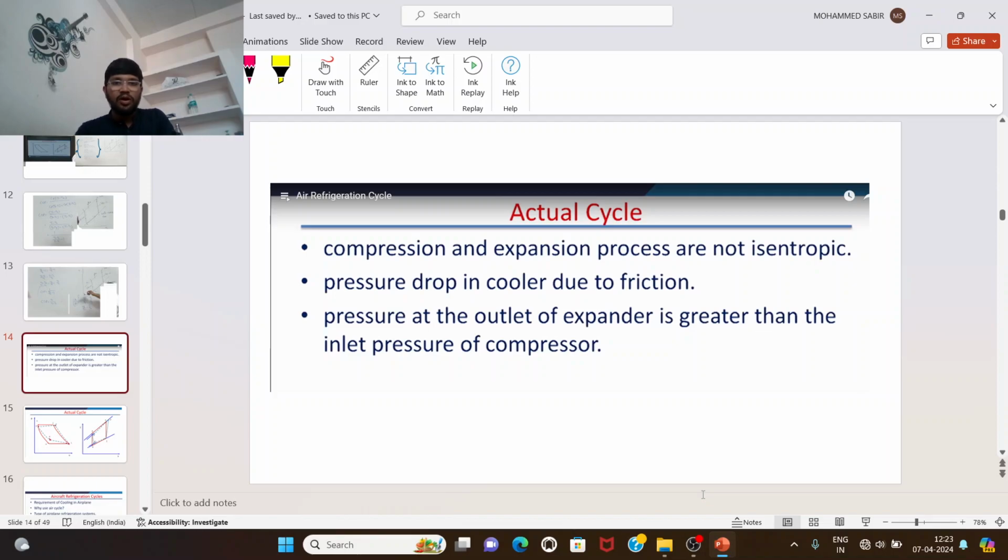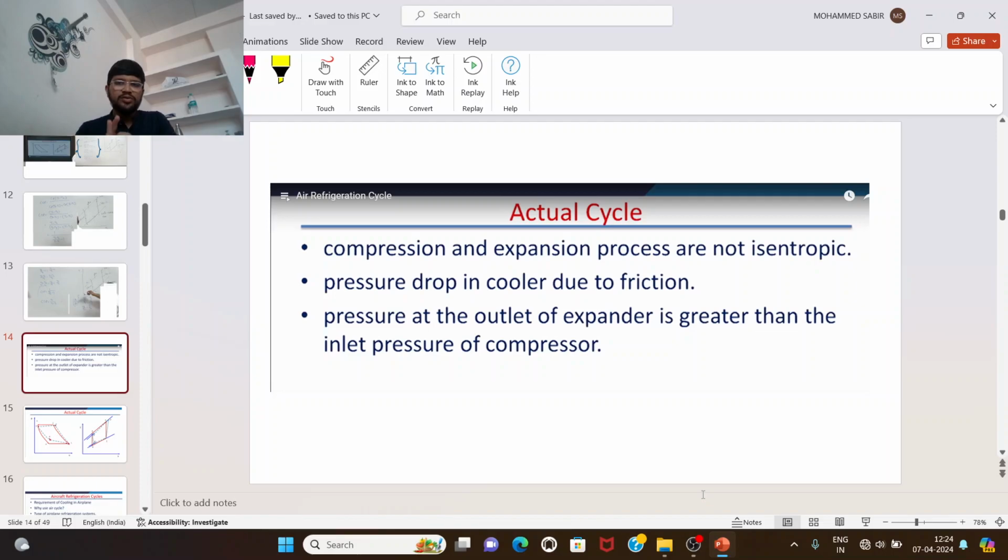Now we'll come to the actual cycles. In this cycle, we are assuming that all these processes are reversible, with no irreversibility. But in a practical case, irreversibility is there.